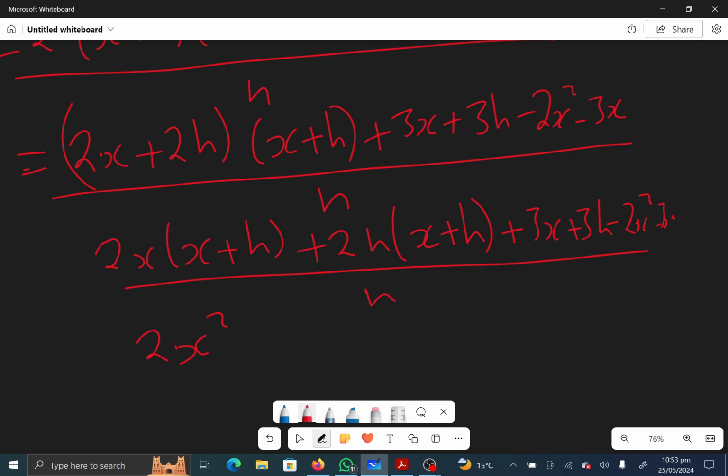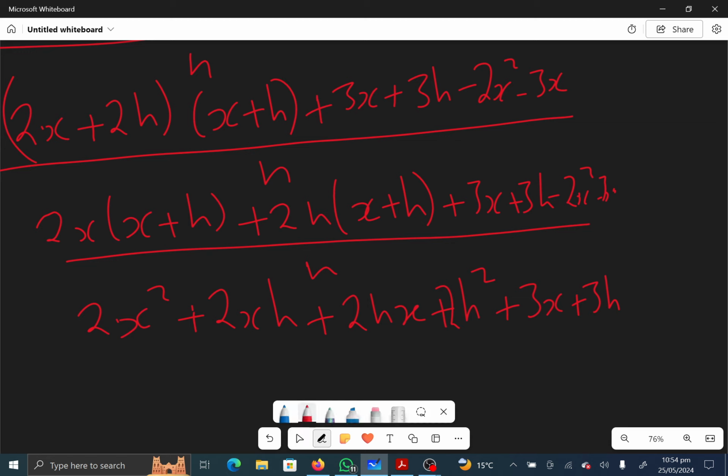Then 2x multiplied by h, it will be plus 2xh, plus 2h multiplied by x is 2hx. 2h multiplied by h to be plus 2h squared plus 3x plus 3h minus 2x squared minus 3x over everything over the h.